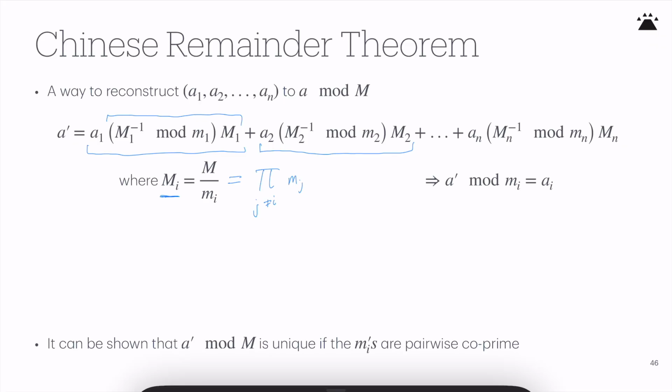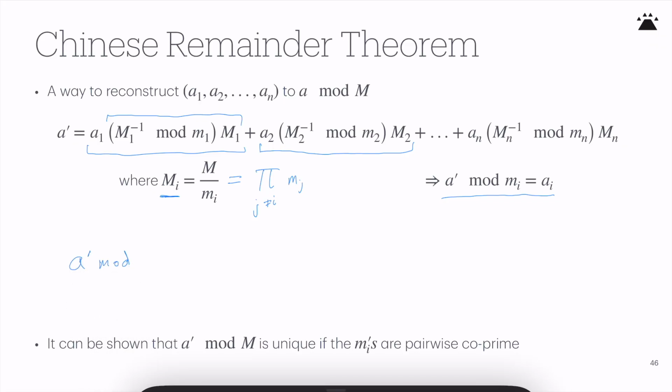Why is this good? Well, let's actually show. We claim that A tag mod m_i is actually equal to a_i, which would show that the a_i's are a representative of some number A tag. Let's just take an example, A tag mod, maybe, m_3.